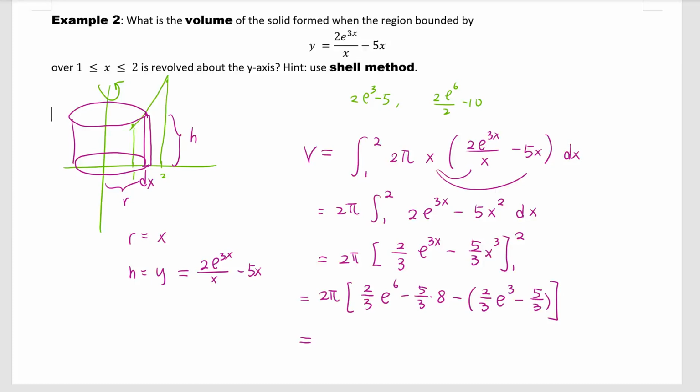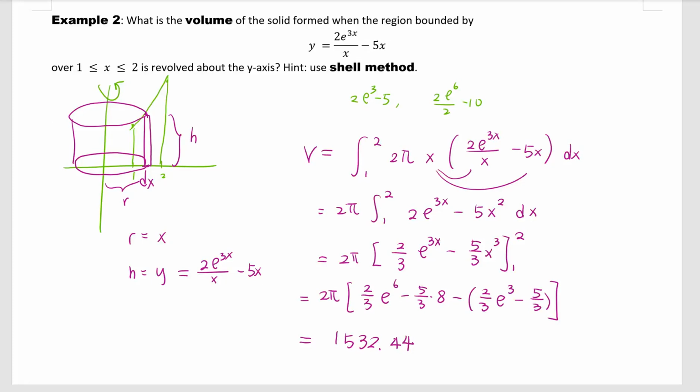I also forgot the parentheses, but you can feel free to type your parentheses in. Okay, and I got 1532.44.